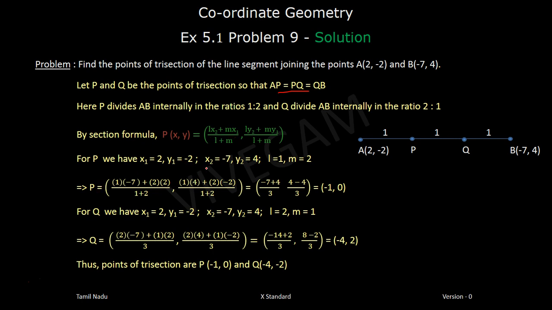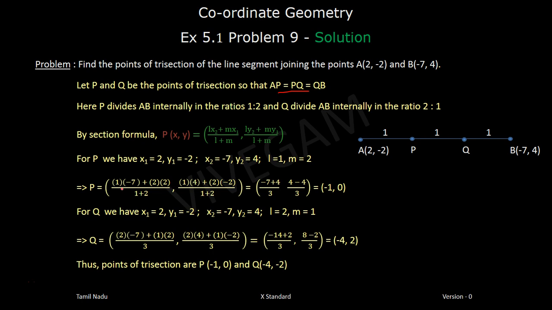How will you get it? L x2, so 1 into minus 7, plus M x1, 2 into 2, divided by L plus M, that is 1 plus 2. Similarly, y will be L y2, 1 into 4, plus M y1, 2 into minus 2, divided by 1 plus 2.